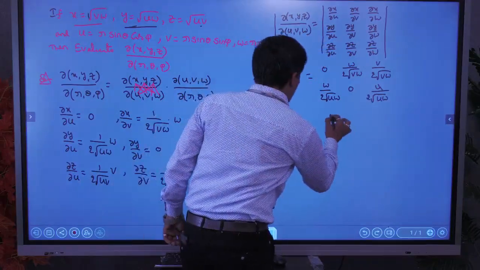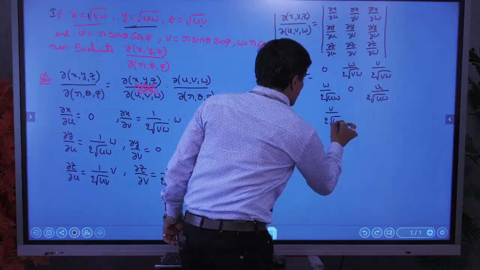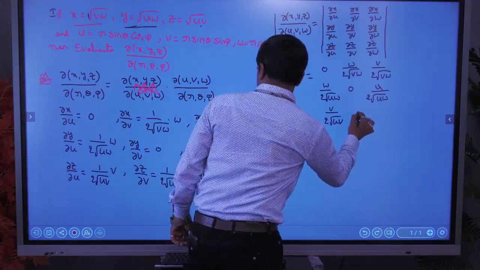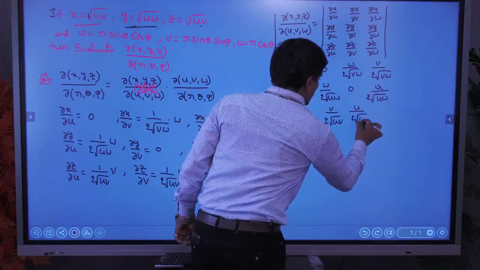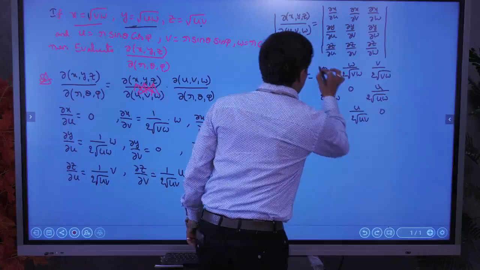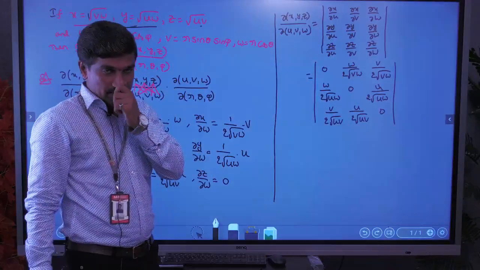Next, v by 2√(uv), u by 2√(uv), 0. This is the determinant. Now calculate the determinant value.